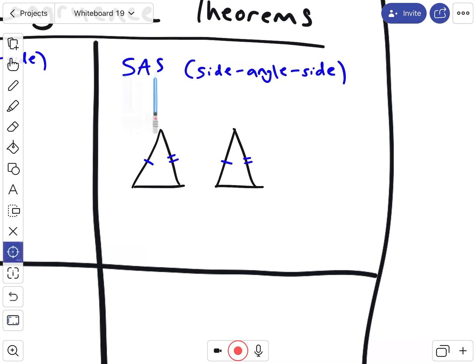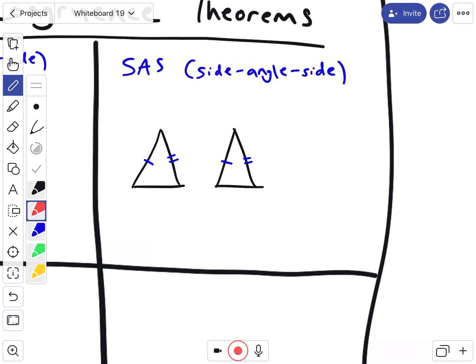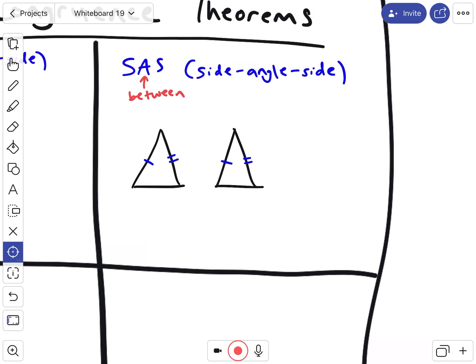But notice that there's an angle right between. So this is between the 2 sides. Then you want to look here and say which angle is between these 2 sides, and that's this one right here. So it's very, very important to know that this angle is between these 2 sides.